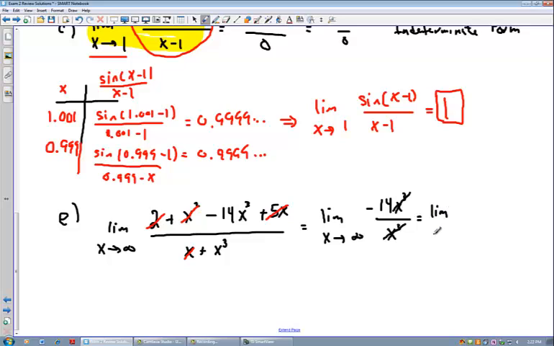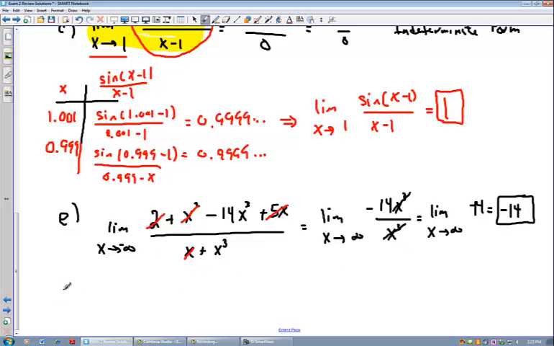So this is going to be the limit as x goes to infinity of negative 14. And so negative 14 is my answer. And then the last limit on this page was the limit as you go to negative infinity, which in this case didn't matter. If you went to positive or negative infinity, it's still going to go to negative 14 either way.